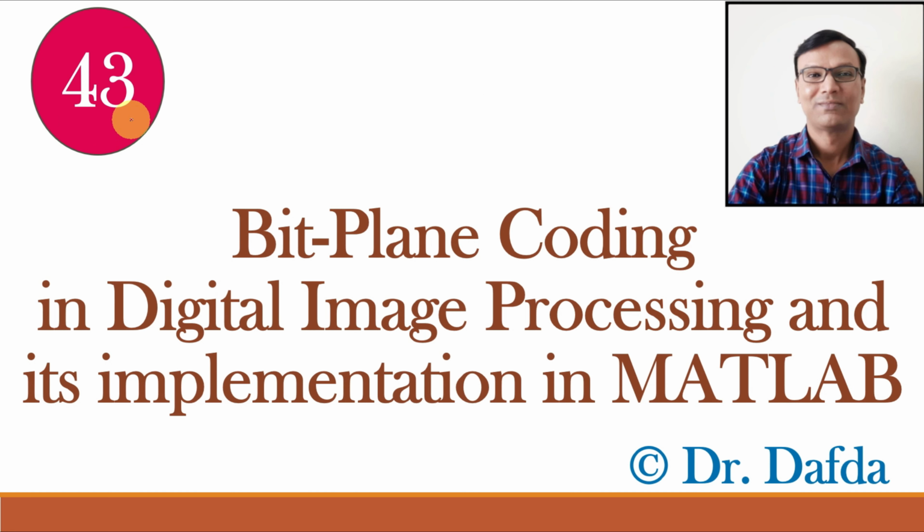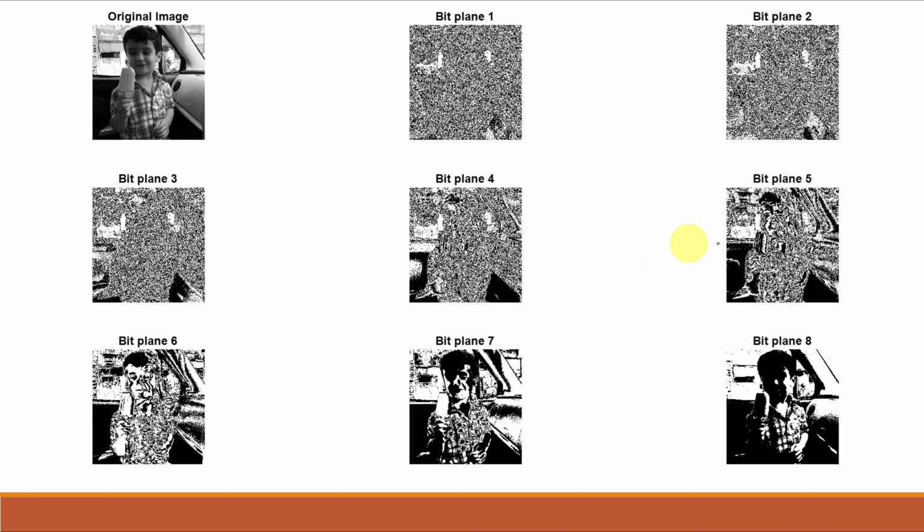Also, in our 43rd video class on bit plane coding, we understood that out of the 8 bit planes, we can use only bit plane 5 to bit plane 8 for recovering the image, resulting in image compression. That means bit plane 1 or LSB can be replaced or removed without any problem in reconstructing our original image. So if in this LSB bit plane we hide the MSB of the secret image, it will not be perceptible to the human eye.